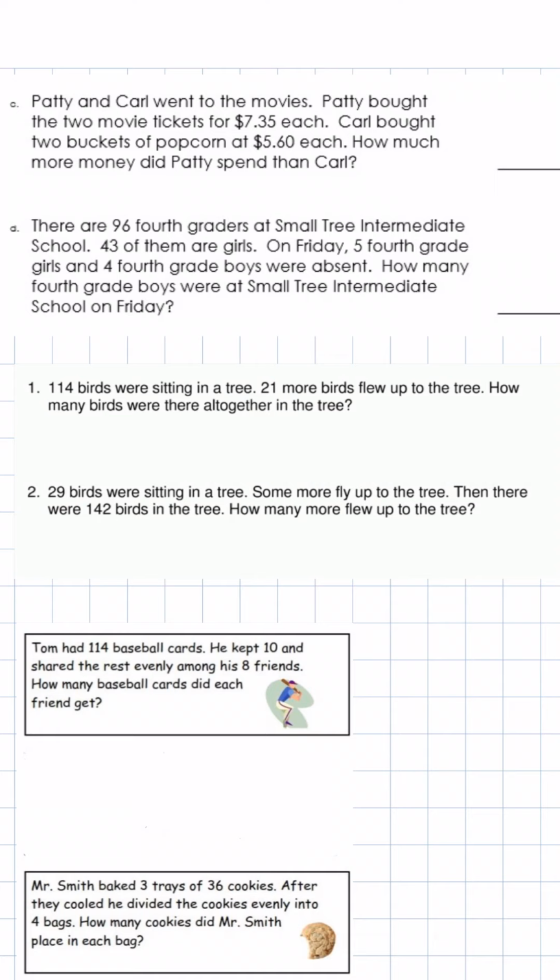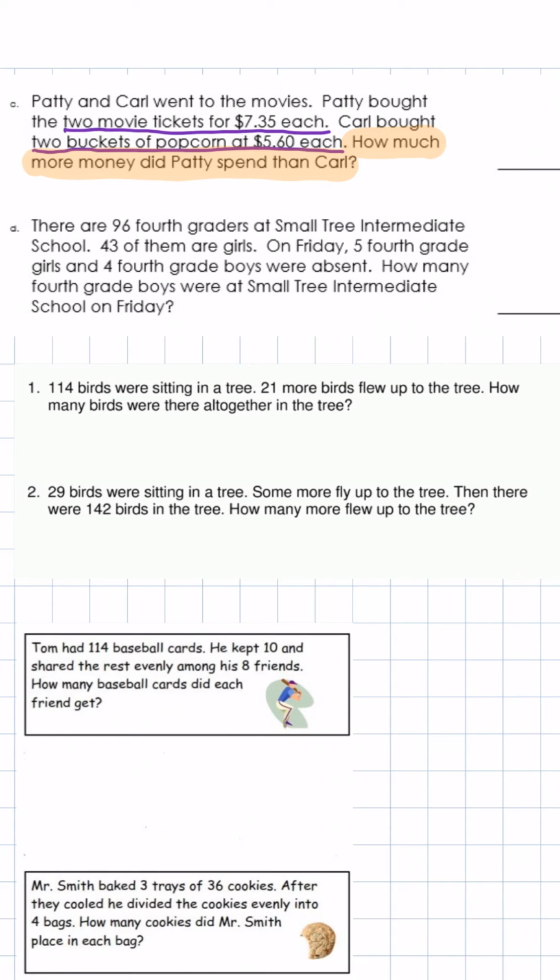Patty bought 2 movie tickets for $7.35 each. Carl bought 2 buckets of popcorn at $5.60 each. And our question, I'm highlighting it, but I did tell you to circle it. How much more money did Patty spend than Carl? Well, we have to find out how much each of them spent first.